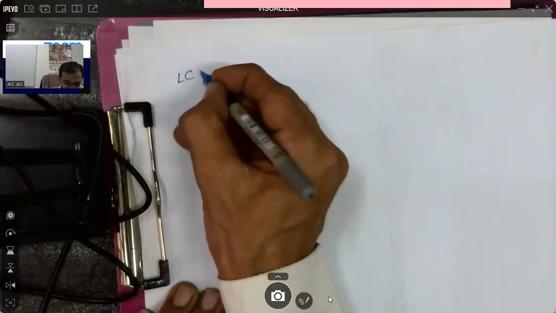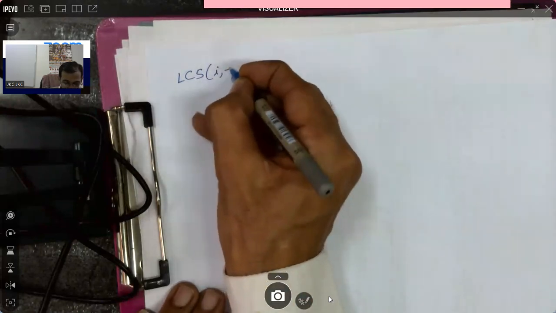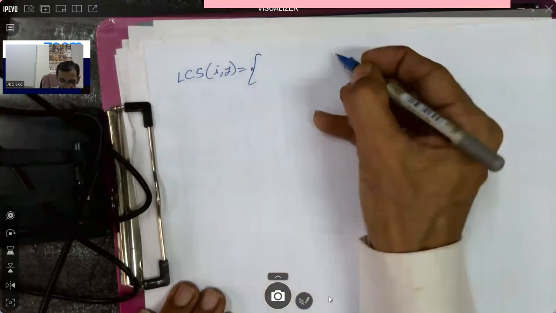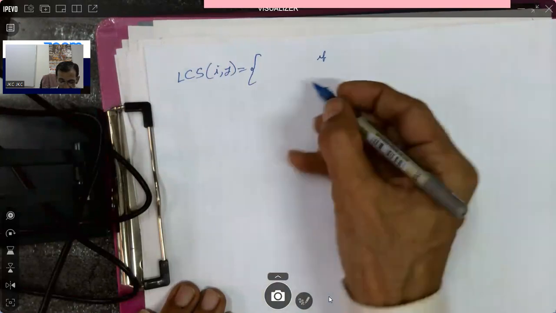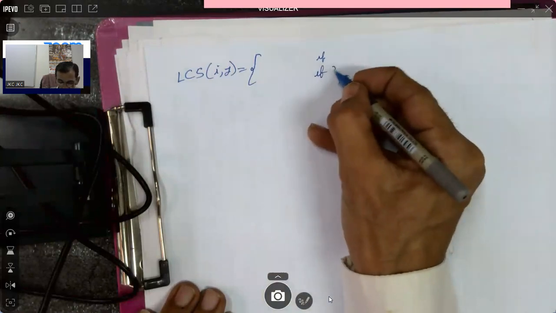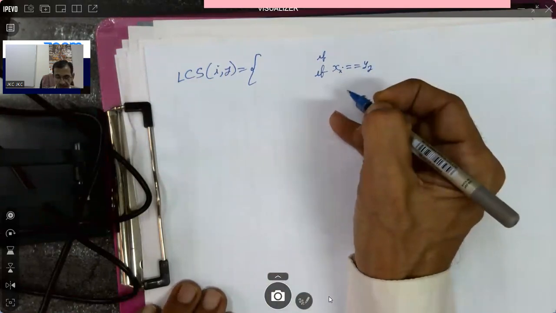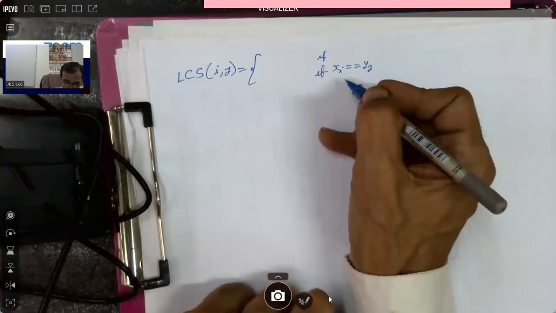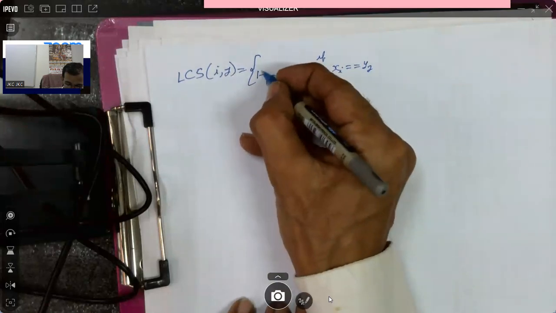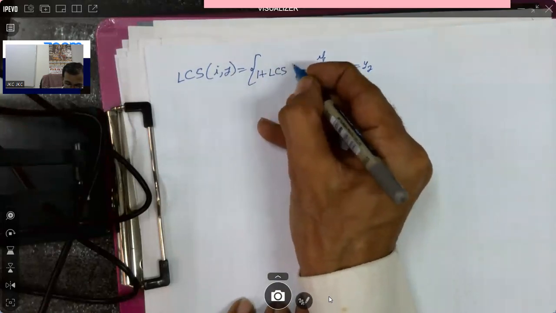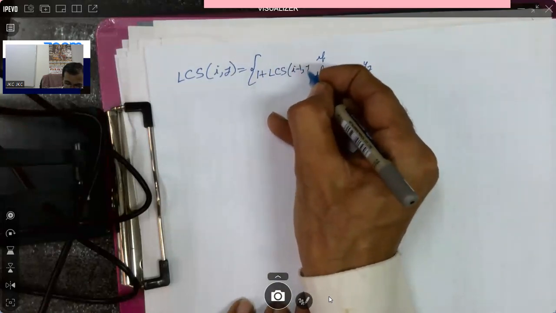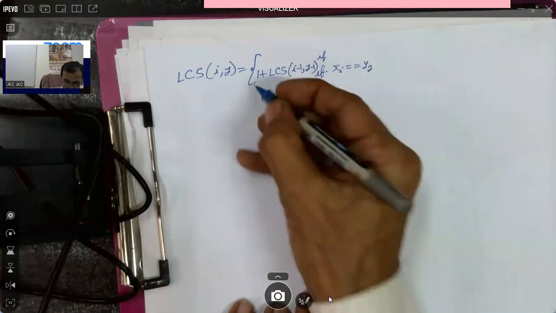So LCS of i and j, based on X and Y, will be: first, non-recursive, if Xi is equal to Yj, the last characters are matching, then it is 1 plus LCS over lengths reduced for both.